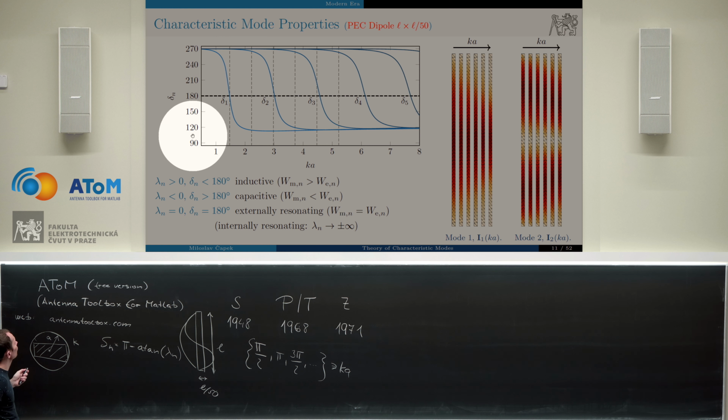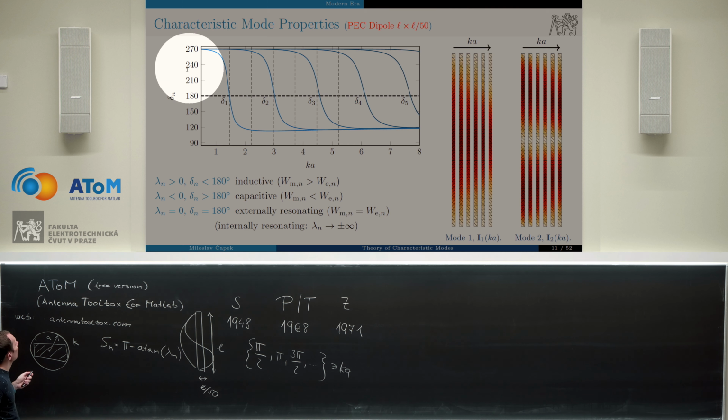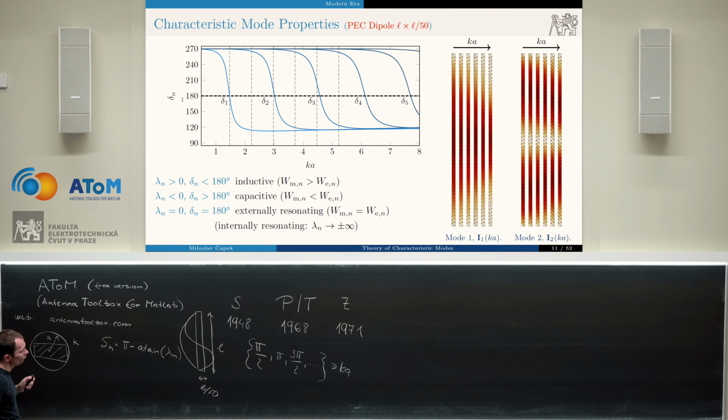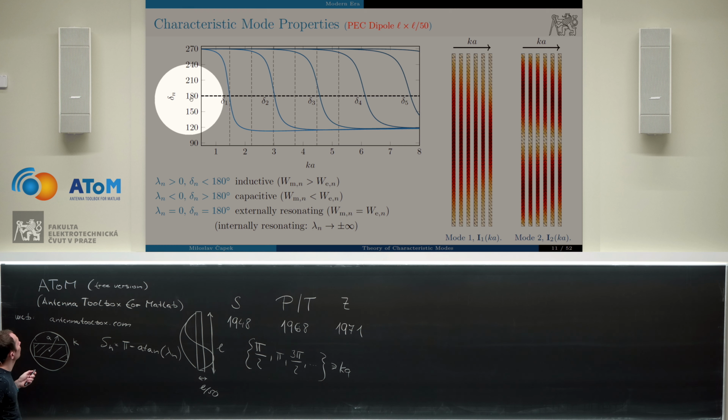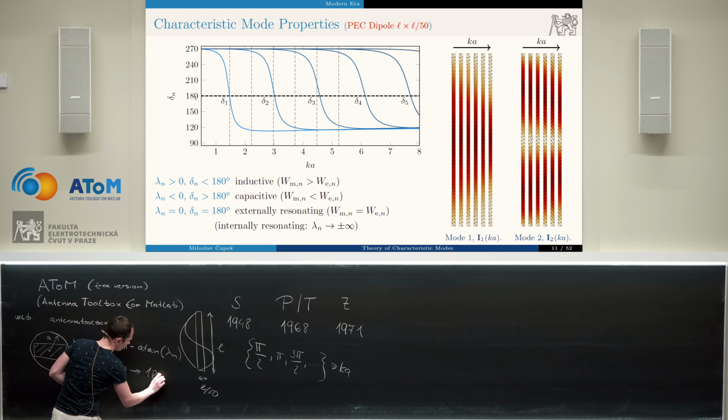So the region spanned by the eigenangle is only from 90 to 270, where the capacitive modes are sitting from 180 to 270, and the inductive modes are from 90 to 180, with self-resonance happening for 180. So the eigennumber is 0, and then the eigenangle is 180. So this is the indication of self-resonance.